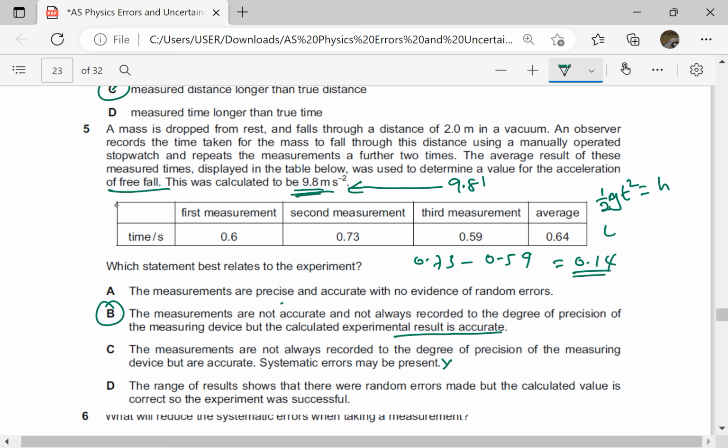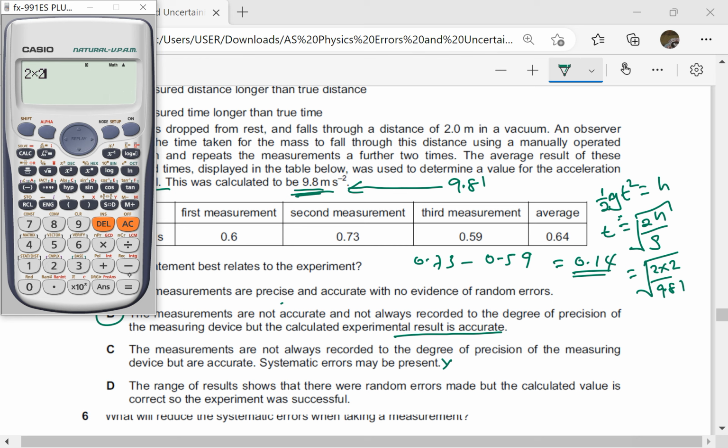If we know that g is supposed to be 9.81, then t is going to be equal to the square root of 2h over g. We can check one value: 2 times 2 divided by 9.81, square root of the answer. So we expect our values to be very close to 0.64.